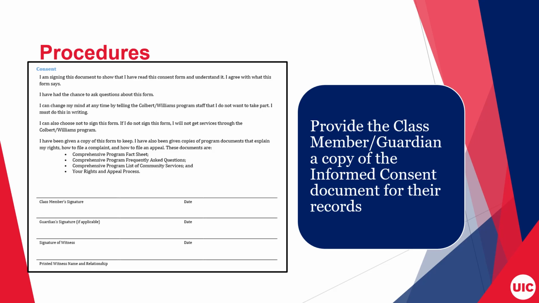All signatures, the class member, guardian, and witness, should be obtained on the final page of the informed consent document. Be sure to print the witness's name and relationship to the class member, for example, prime agency staff. After signing, the class member and their guardian, if applicable, should receive a copy of the informed consent document for their records. Document in a note in the web app that these copies were provided.